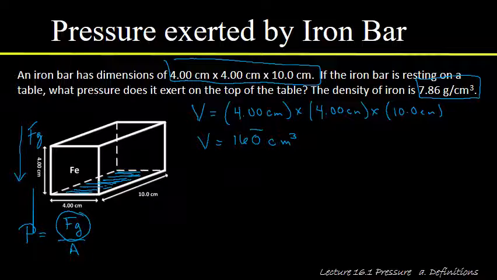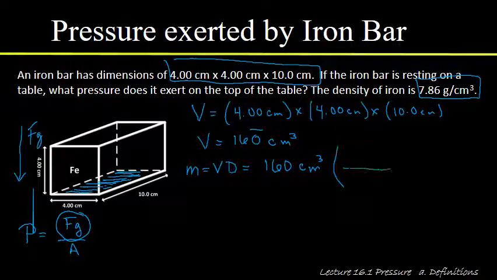All right. Now, if we want to know the mass, the mass is the volume times the density. Okay. So this is 160 cubic centimeters times 7.86 grams per cubic centimeter.